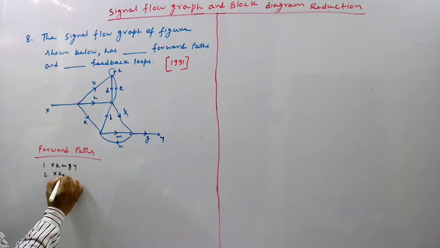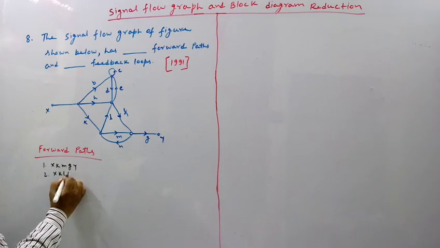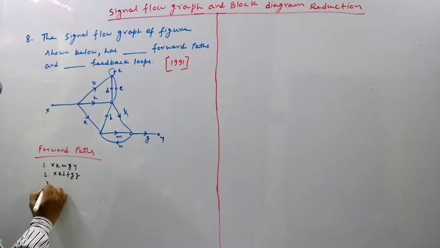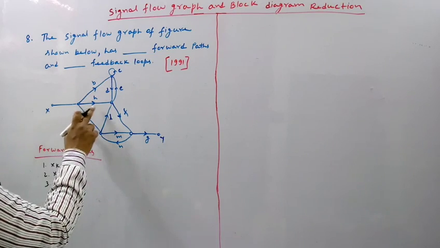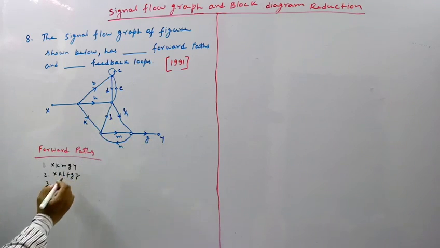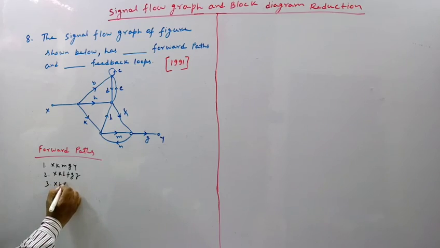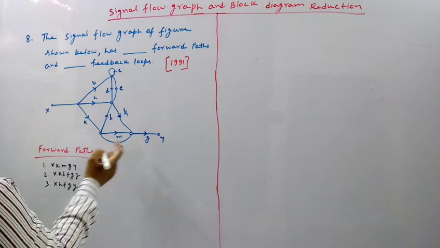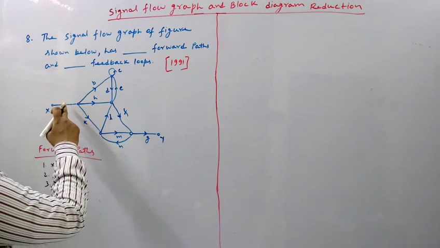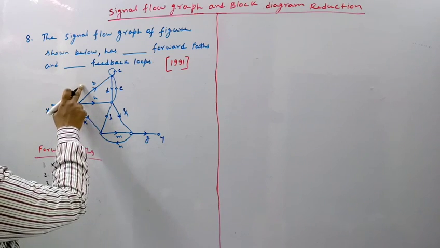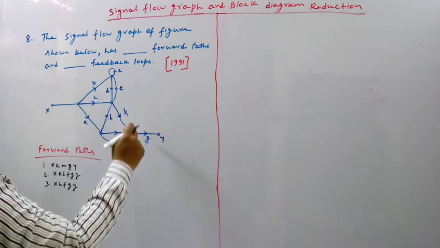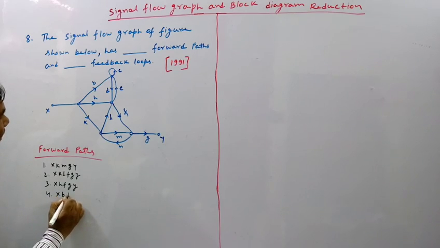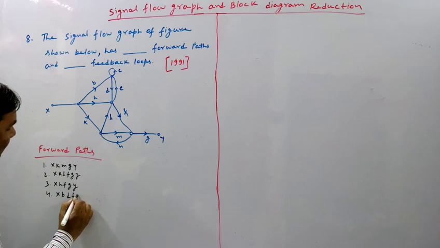The third forward path will be x h f g y. The fourth forward path will be x b d f g y.